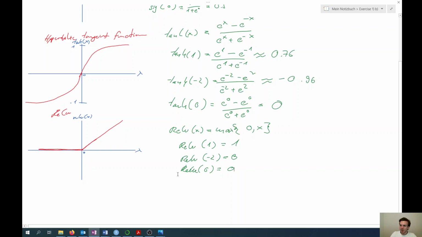Now let's talk about why we actually use them. So especially the rectifiers, or the ReLU function, are used a lot for the hidden layers. If we use an activation function for the hidden layers, then it's used to have non-linearities within the network. Because if we wouldn't apply the activation function, then it wouldn't matter how many layers we would put in the network.